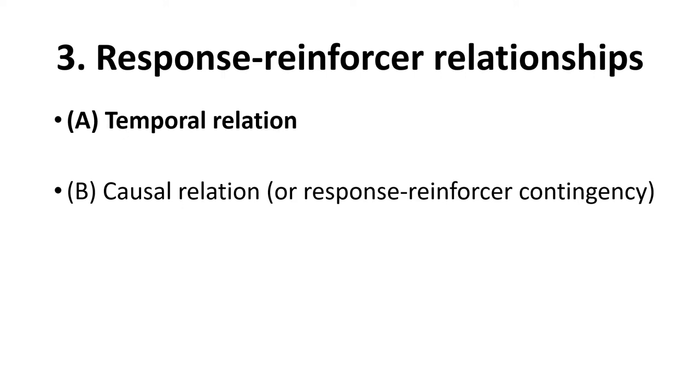Basically, is that action a necessary element in getting the outcome that you want, and does that outcome only happen when that particular response is made? And the more certain we are that action A causes outcome B, then the more we're going to learn about A and B occurring together, or at least being related to one another. And as always, I'll be talking more in depth about each of these on the next slides. I just want to give you a brief overview of where we're going.